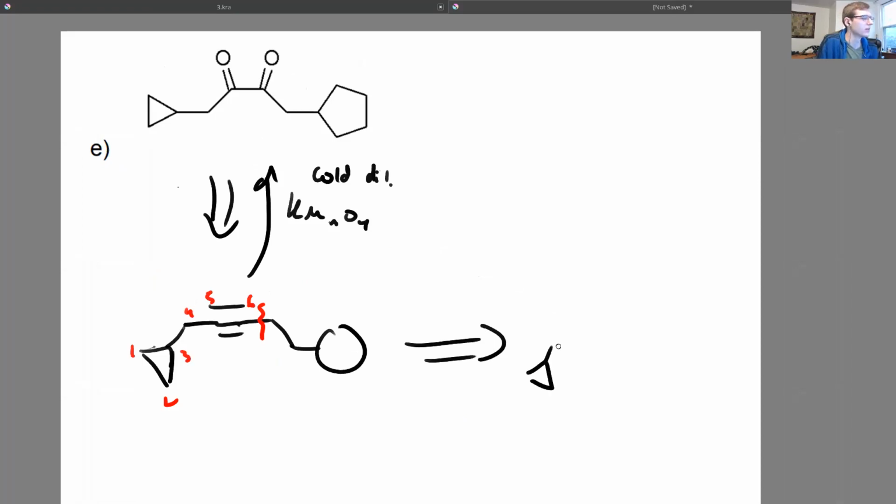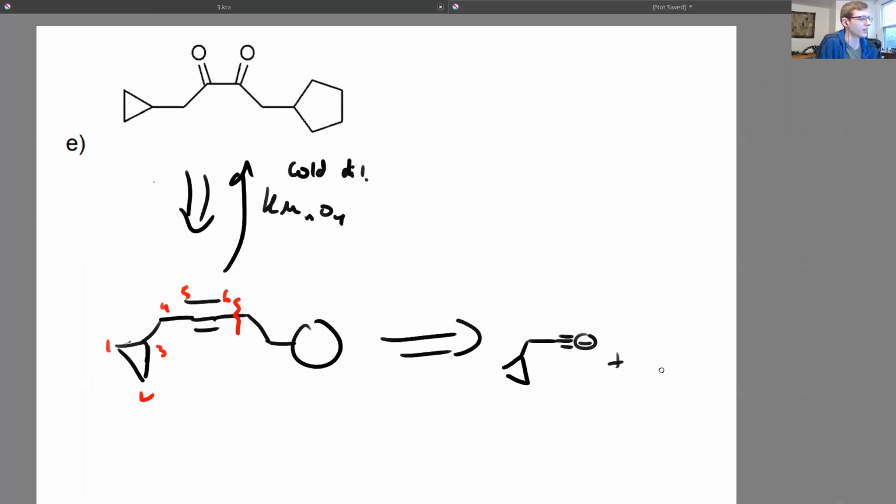So we can start with triangles. We can start with this, and in this case it's a little bit tricky to keep track of how many carbons we need, but this is the right amount. And then we can just do SN2.